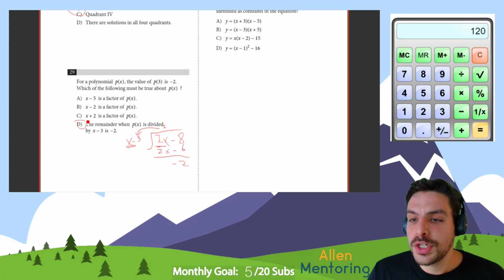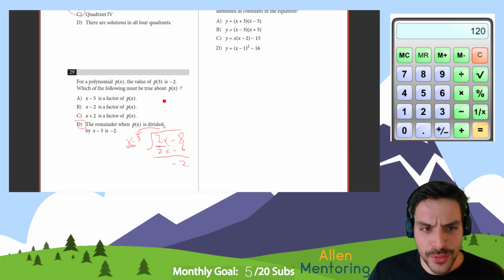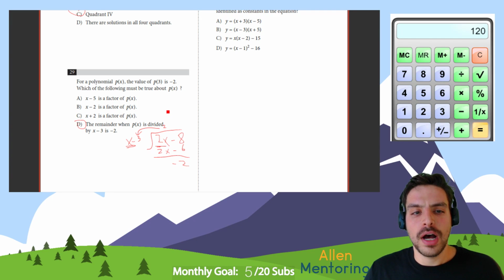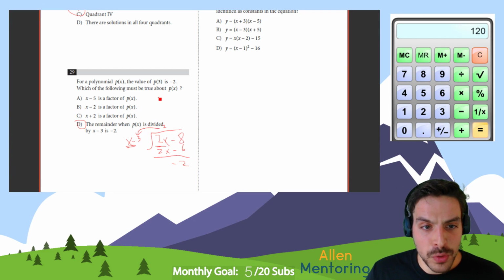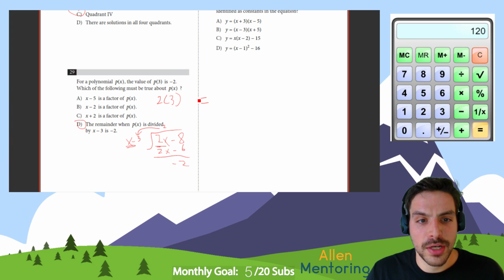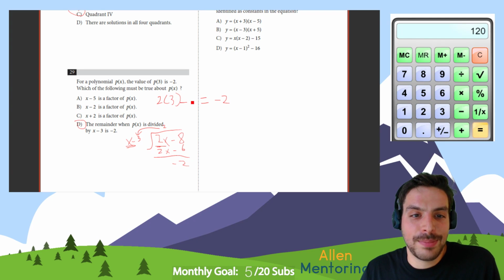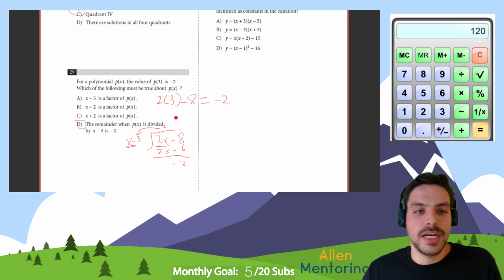So I have a question, where did you get 2x minus 8? So I just used any function where if you plugged in 3, you would get -2. So I know that if you multiply 3 by 2 and subtract 8, you'd get -2. You can pretty much do that for any number, right?